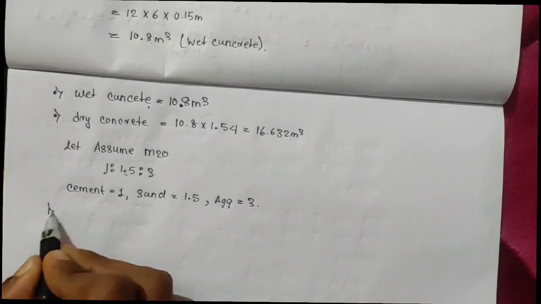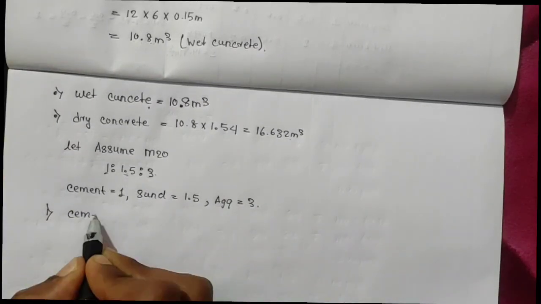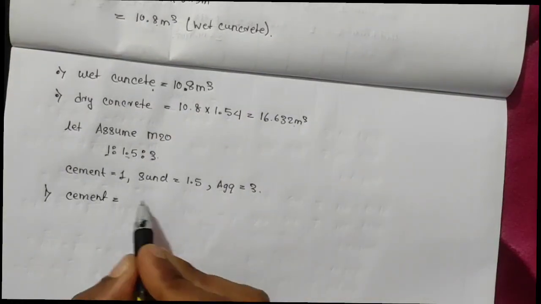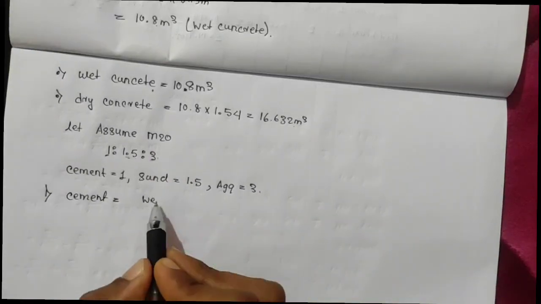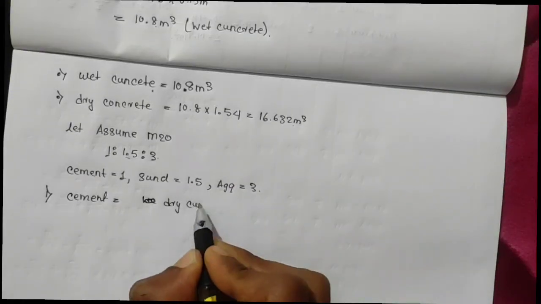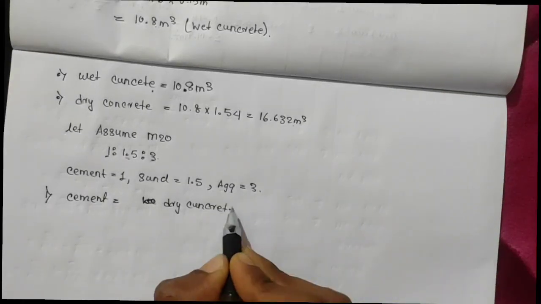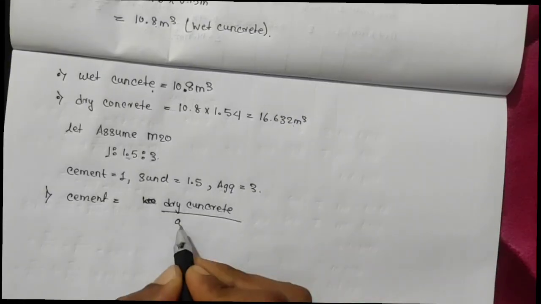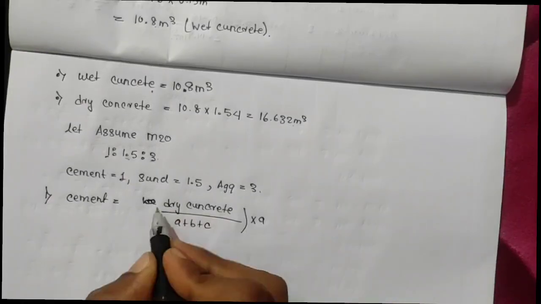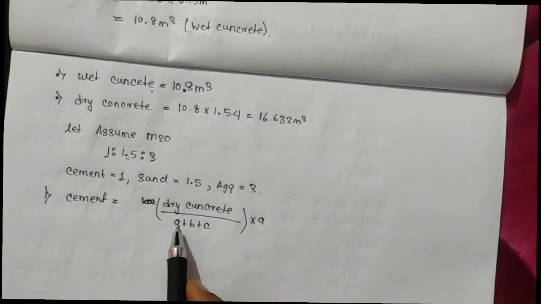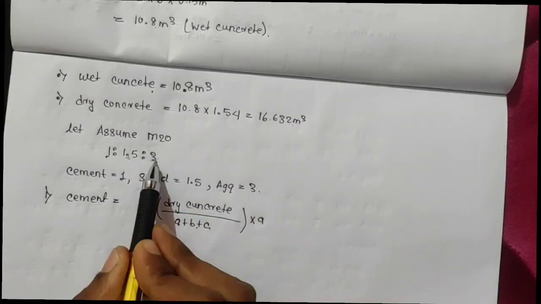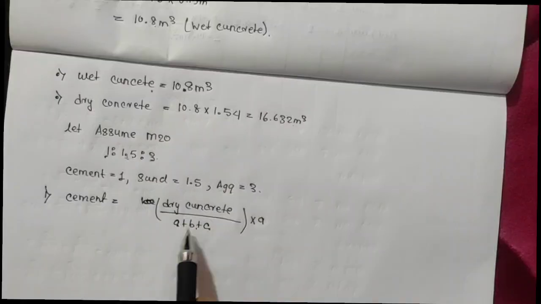First we're going to calculate cement. The formula is dry concrete by A plus B plus C, multiplied by A. This one is A, the second one is B, and the third one is C. We have to put the values here.